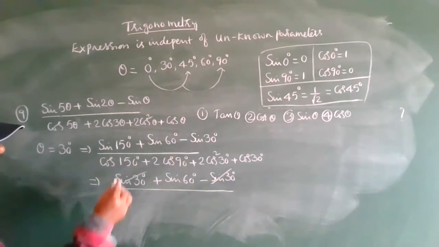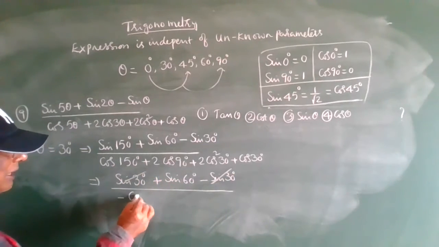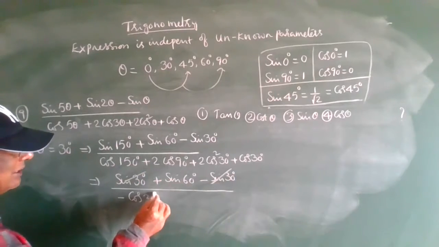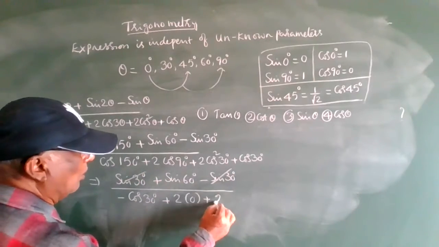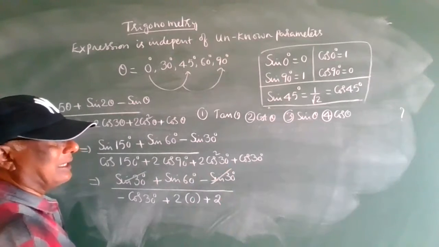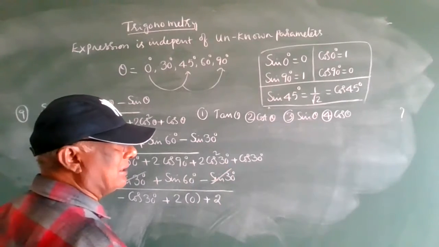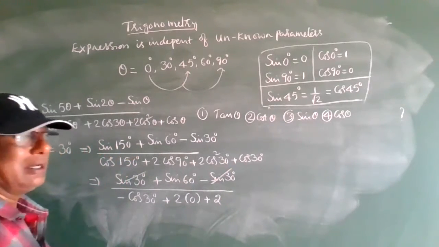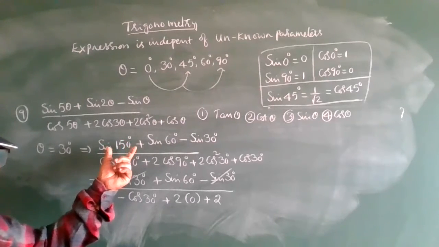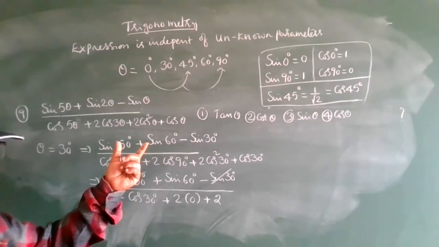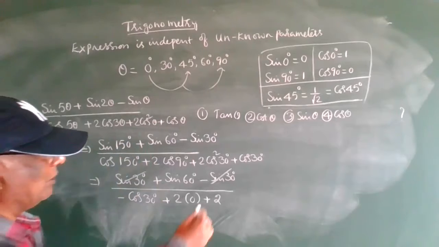Cos 180 minus 30, second quadrant, negative, minus cos 30 degrees, plus 2 cos 90 value 0, 2 cos square 30. What is the cos 30 value? Sin 30 value is 1 by 2 and sin 60 value is root 3 by 2.